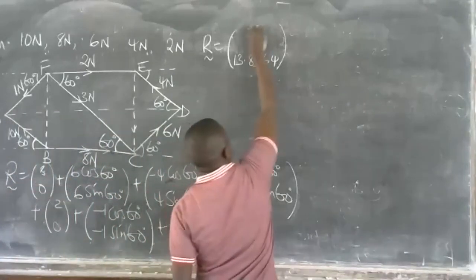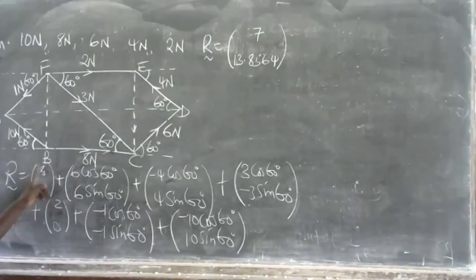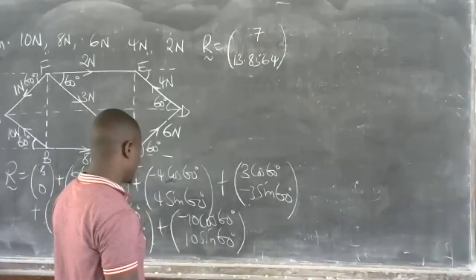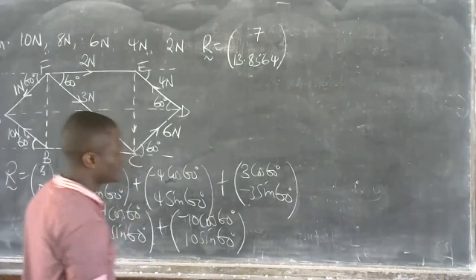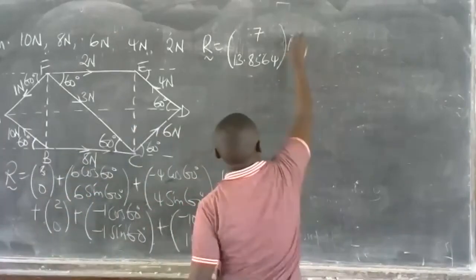Have you confirmed 7? This is 10. This is 5. Yes, I can't see. 7. Yeah, 7 newtons, but you can continue.